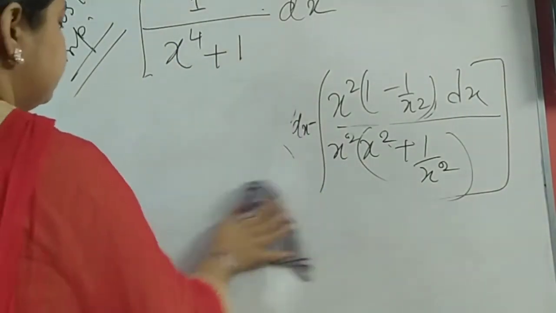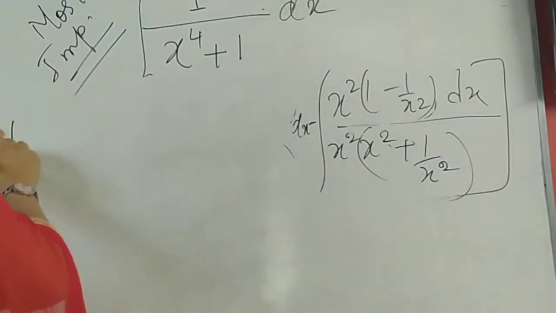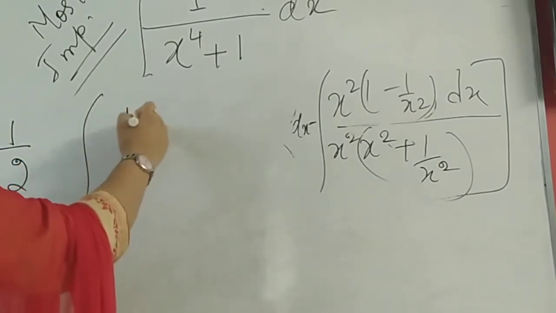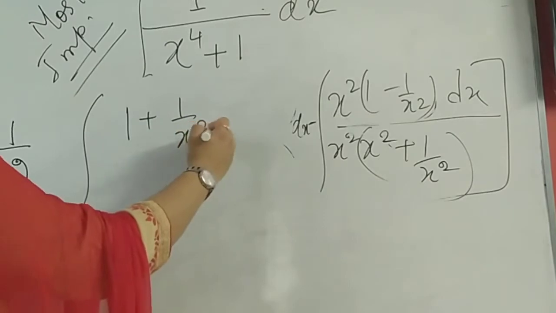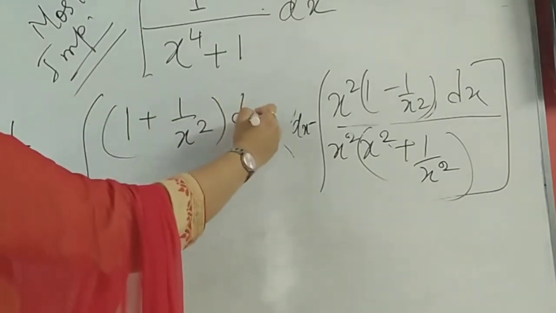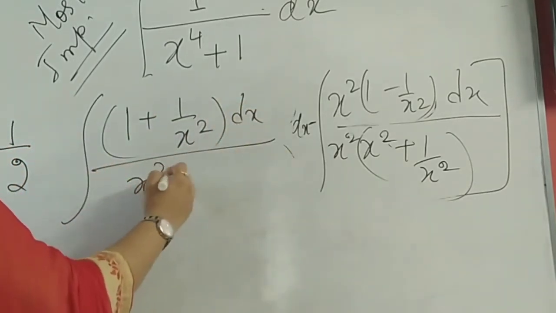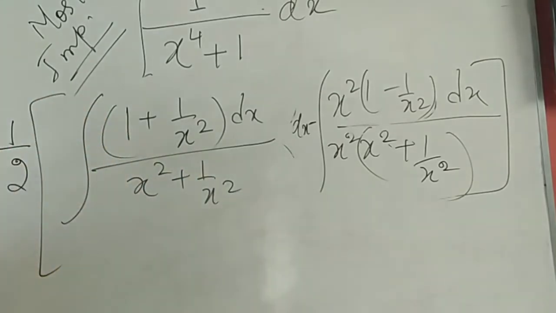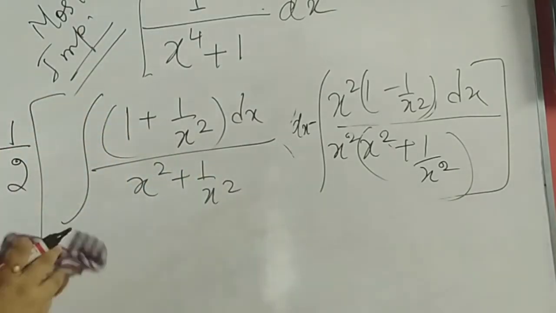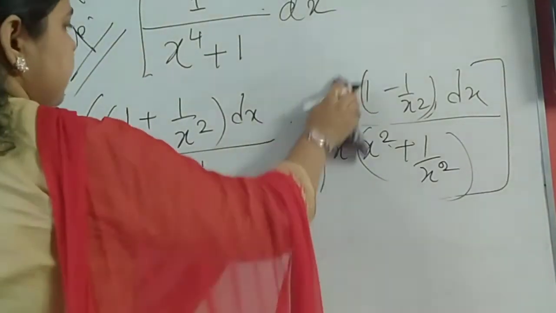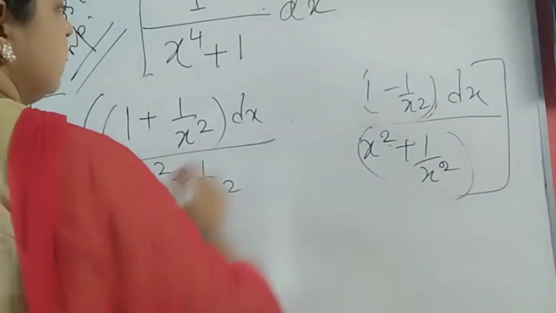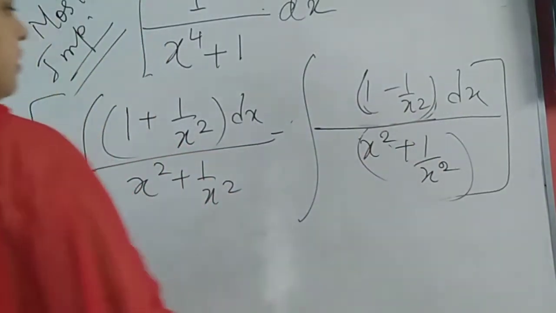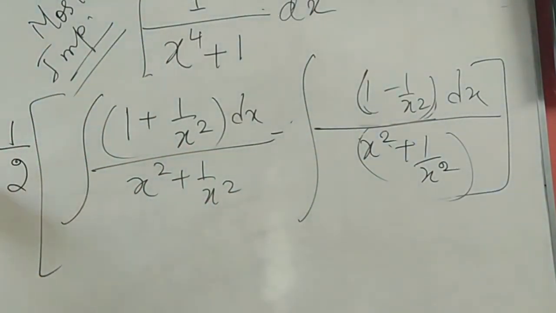I am writing this particular part again. So this particular part was dx by, okay, and after cancellation of this x square also, this particular part is like this and the half is outside.